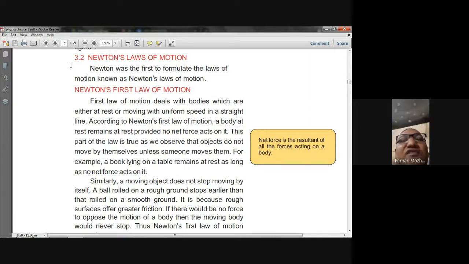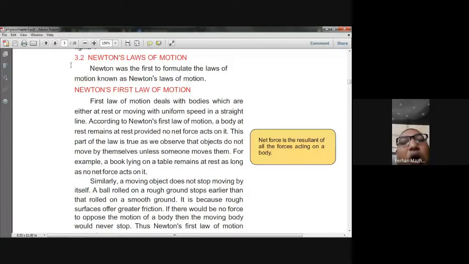This part of the law is true as we observe that objects do not move by themselves unless someone moves them. For example, a book lying on a table remains at rest as long as no net force acts on it. Similarly, a moving object does not stop moving by itself.